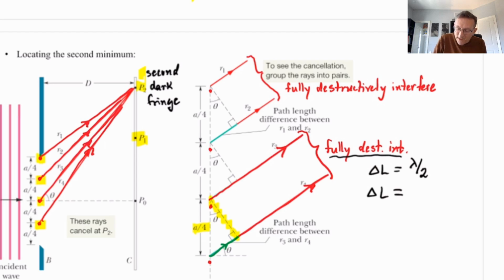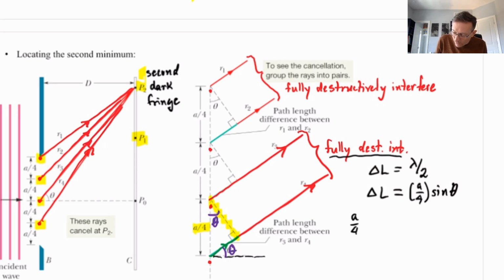And if the angle theta between the central axis and the line going out to point P2 is theta there, then this angle up here is also theta. And geometry tells me that delta L is then hypotenuse, A over 4, times sine theta. Now those are both expressions for delta L, so they must be equal.